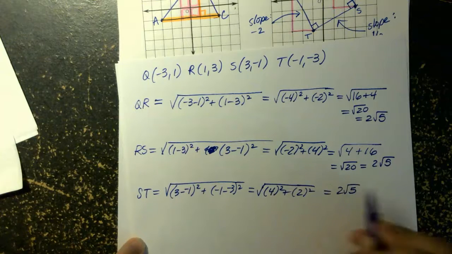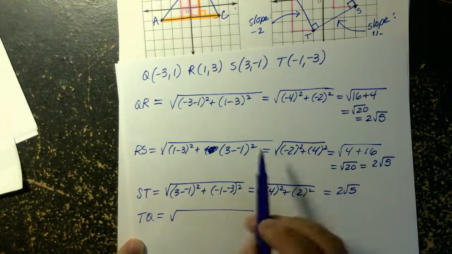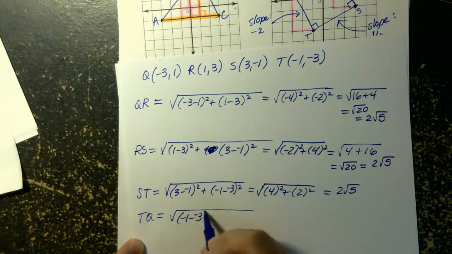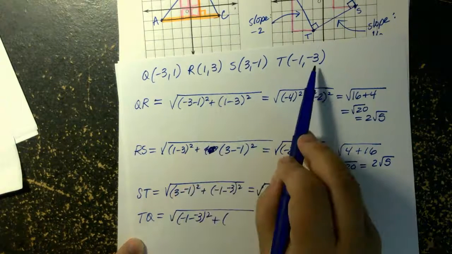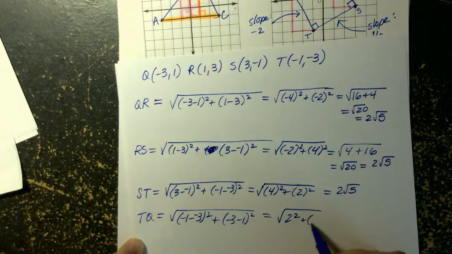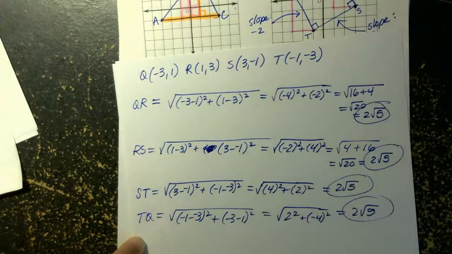Same numbers. And TQ, how much you want to bet, right? -1 minus a -3. That's going to be 2. And -3 minus 1, which is going to be -4. Same numbers. It's a square. All these sides are the same.